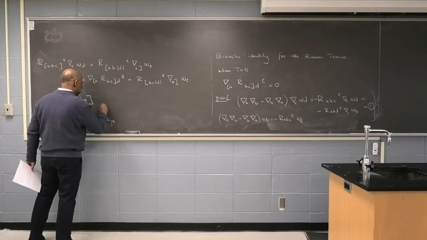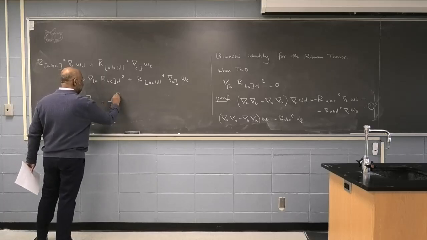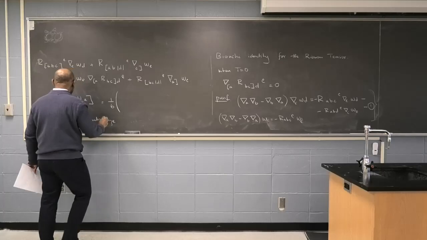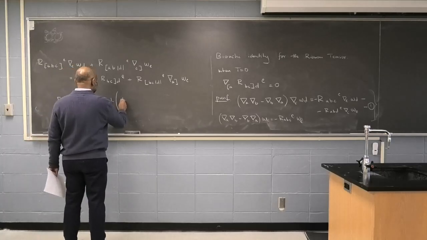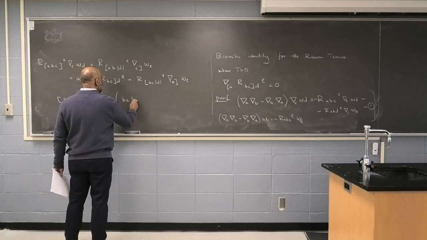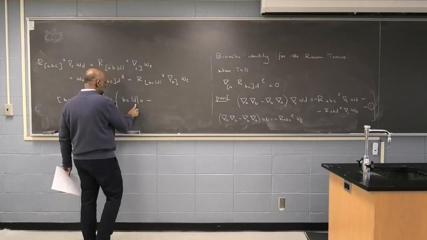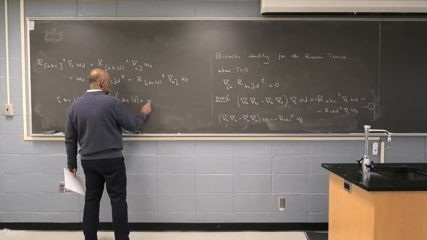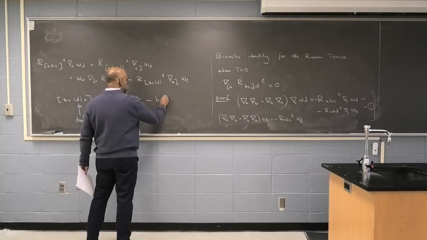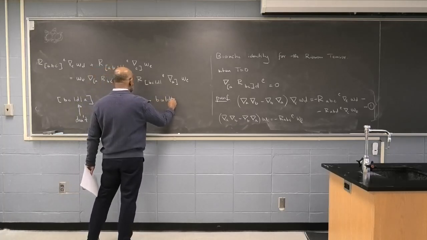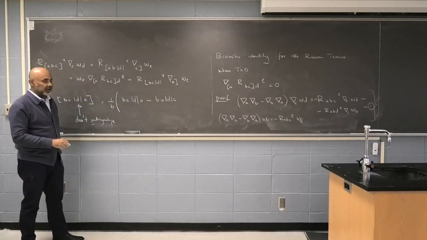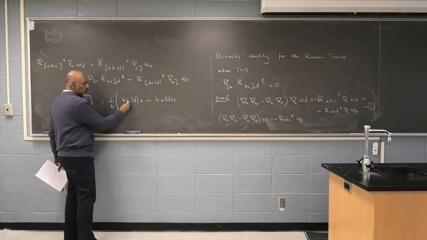Well, if you want to be explicit, the first term will be B, C, D, A. We always leave D where it is, okay? And then minus B, A, D, C, right? Left D where it is, and I swapped.